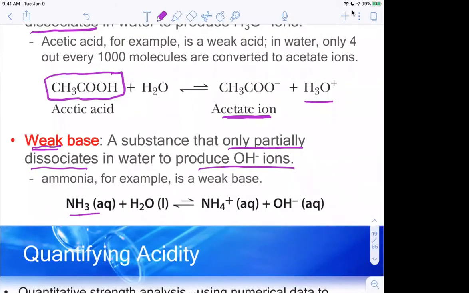Again, the intact ammonia is present in the largest majority. The NH4 plus and the OH minus ions are going to be just a small fraction of the material in the solution. Most of it is going to be intact ammonia.